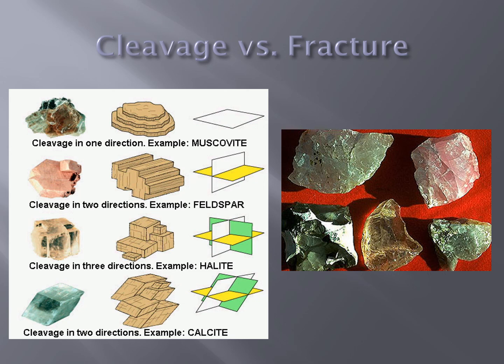And in a two-directional cleavage, our example here is feldspar. So feldspar will create a two-direction plane of cleavage. We have a single plane of cleavage on here, at the top, and any part of this plane that points up or towards the bottom is within that same plane.